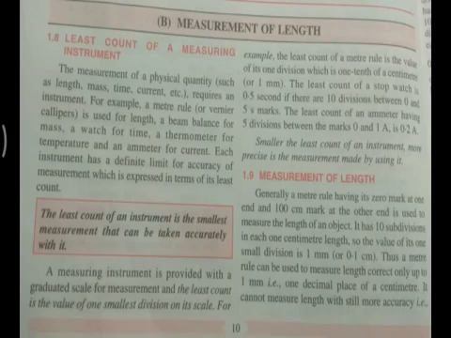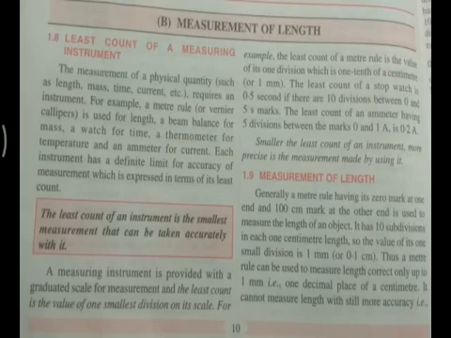But now, what is the least count? It is the value of one smallest division on its scale. For example, in the meter rule, have you seen that between 0 and 1 there are 10 divisions? So if a value lies between 0 and 1, it may be 0.1, 0.2, 0.3, 0.4, 0.5 and so on.